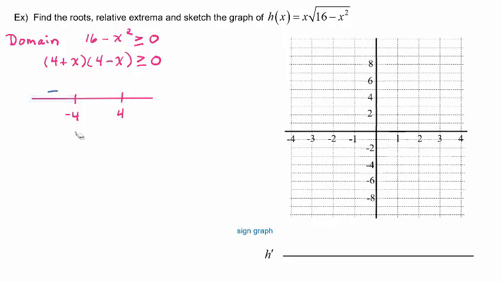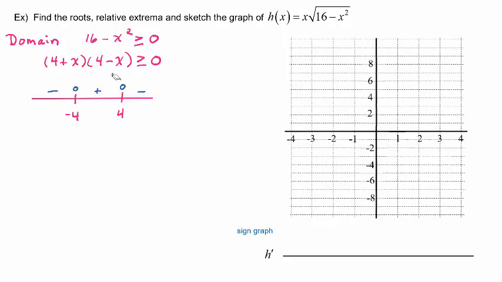We know right at -4, it equals 0. In between -4 and 4, we could pick 0, and we would have a positive times a positive, which is positive. At x equals 4, it's going to be 0. And then if we pick a test point in this interval, say 5, we would have a positive times a negative is a negative.